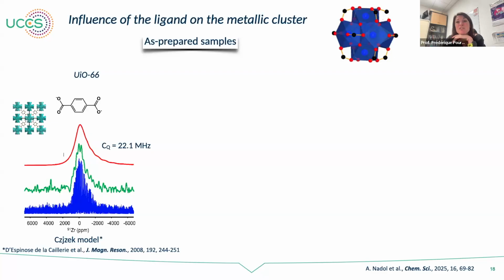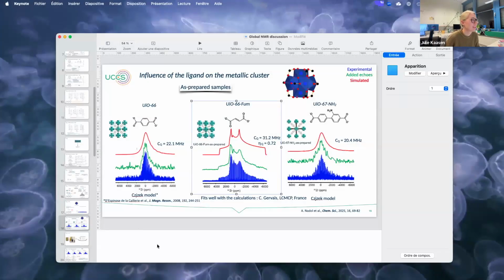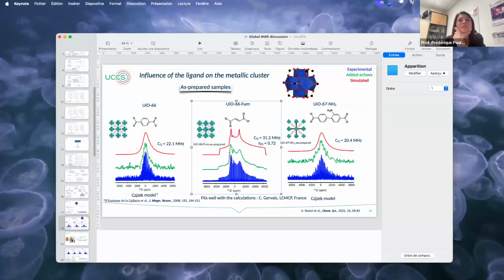I don't see the questions in the chat, but they are in the Q&A. We have another question, whether 91Zr experiments can be done under MAS conditions.